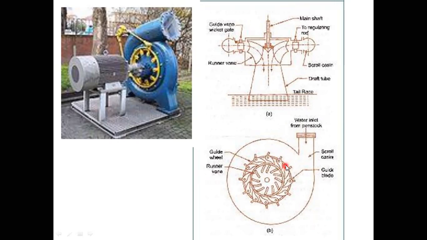Water coming from this space works as a nozzle. This is the casing. Means here pressure energy converts into kinetic energy. Also here. Means increase the speed of the runner.